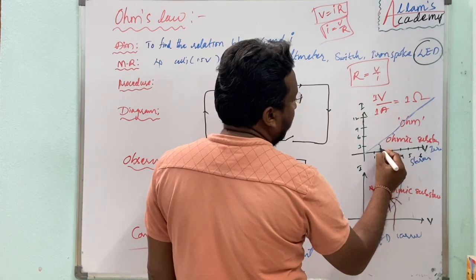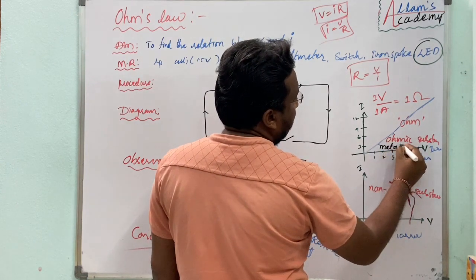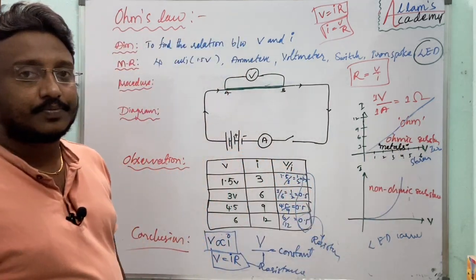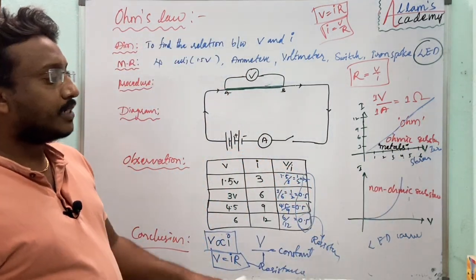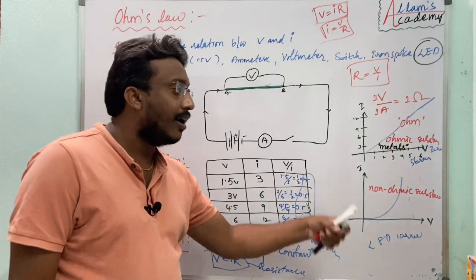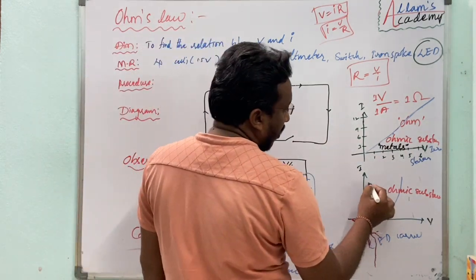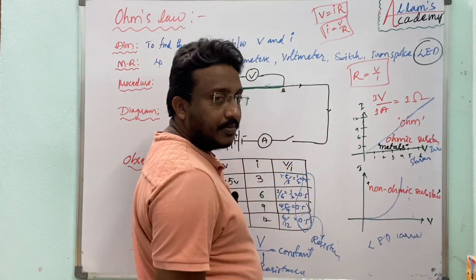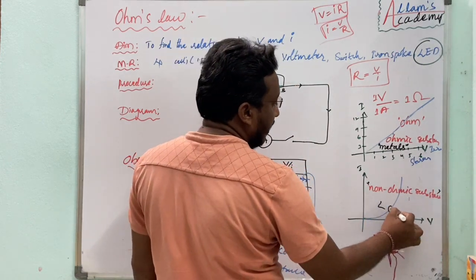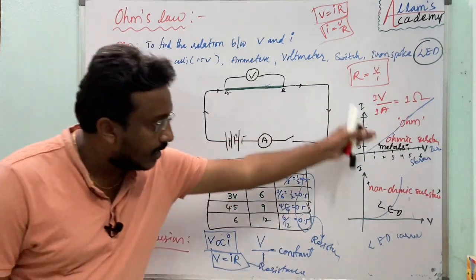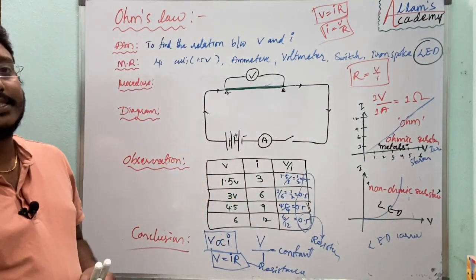Almost all metals are ohmic substances. The materials which do not obey Ohm's law are called non-ohmic substances, like LED and semiconductors.